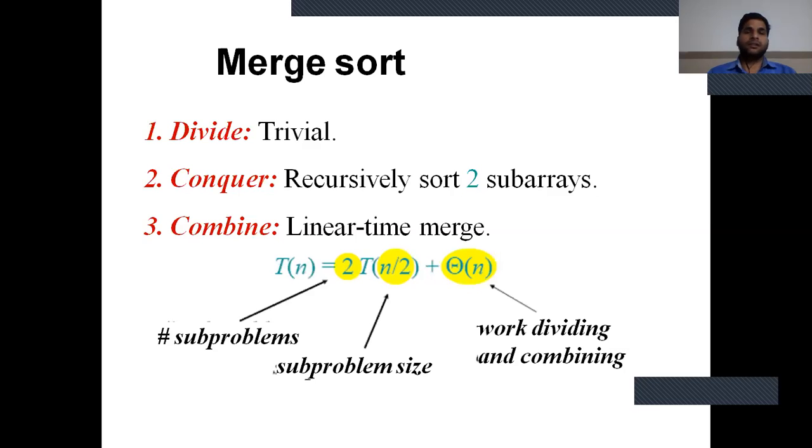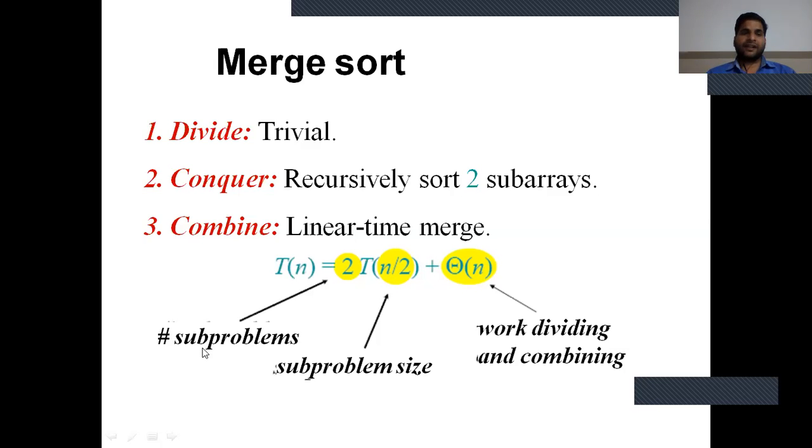Next, we can also represent the recurrence equation of merge sort like this. If the size of the array is n, it is divided into two equal parts, n by 2 and n by 2. So we can write the recurrence equation of merge sort: T(n) equals 2T(n by 2) plus theta n.